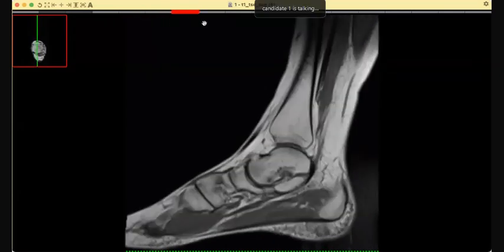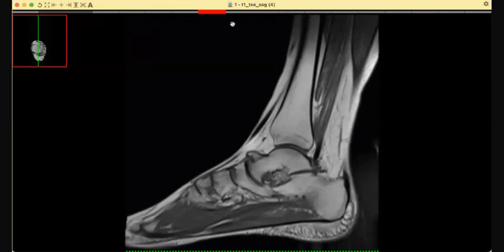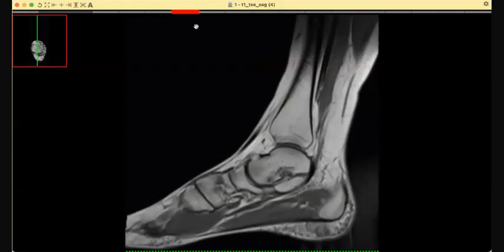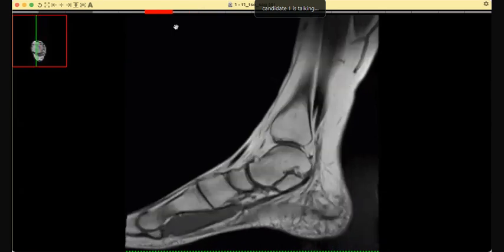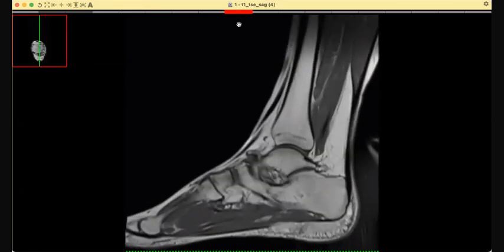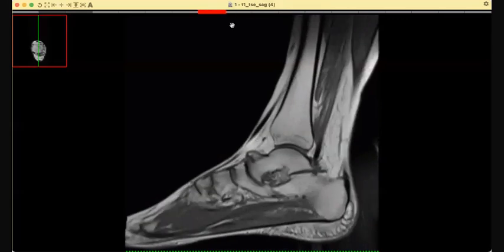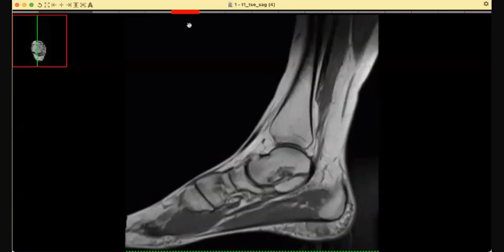The previously seen abnormality on the radiograph is again demonstrated in the anterior aspect of the talus. The marrow returns a different signal when compared to the rest of the talus. It's low in T1 with an outline of lower signal. So this is a PD weighted sequence. I cannot see any kind of soft tissue component adjacent to this bony outgrowth.